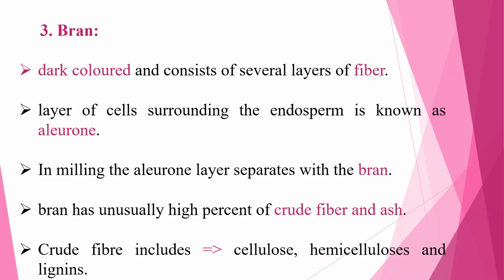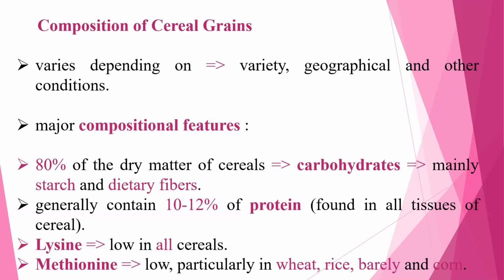In milling, the aleurone layer separates with all the seven layers of the bran. Bran has an unusually high percent of crude fiber and ash. Crude fiber includes all the dietary fiber parts, that is cellulose, hemicellulose, as well as lignins present in the wheat grain.